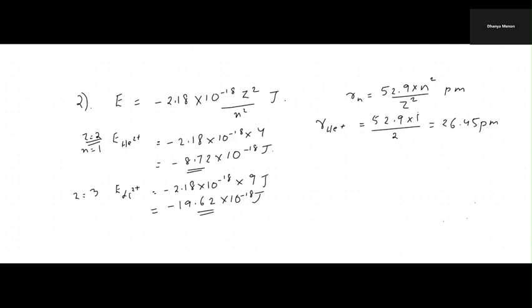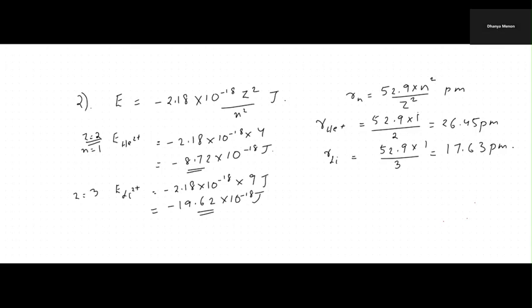Okay, and radius for lithium is 52.9 times 1 by 3. This comes to 17.63 pm.